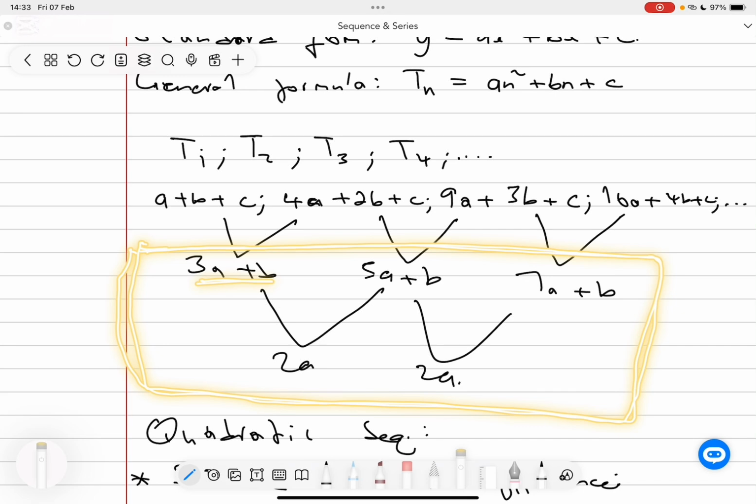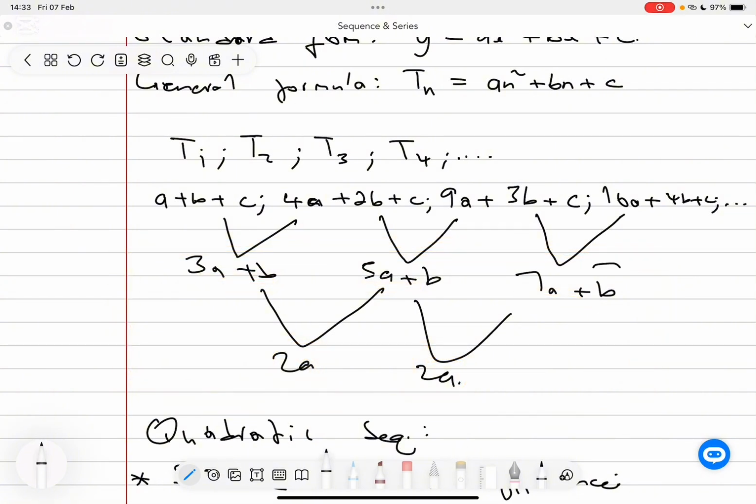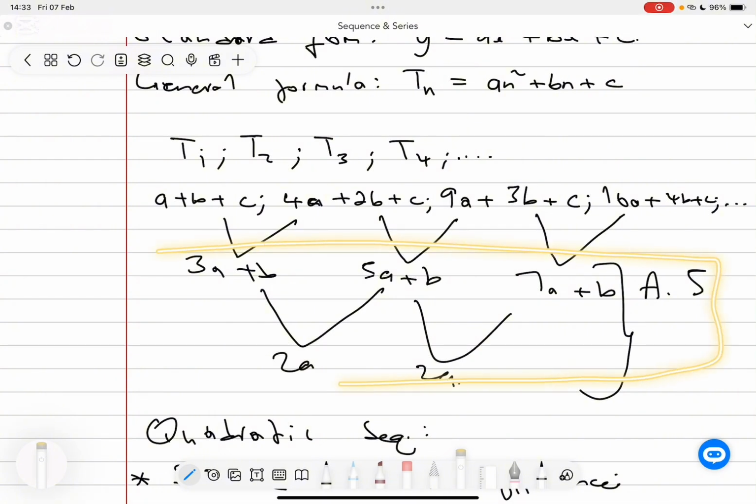This could be the first term, second, third term, and this would be the first difference. If we chop this part and study it alone, it's an arithmetic sequence. So a quadratic sequence basically is made up of an arithmetic sequence, from the first difference to the second difference, attached to that original sequence that we have.